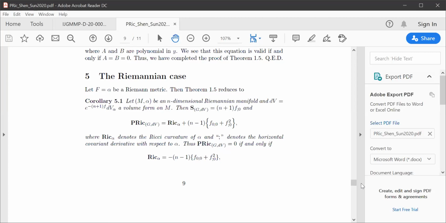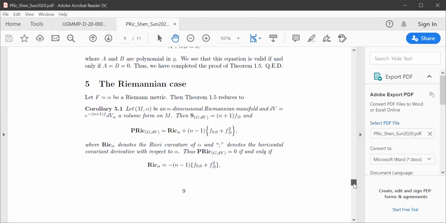That's not a big deal. But this is slightly more general than Ricci-flat of a Riemannian metric. Let's repeat again: a Riemannian metric is projective Ricci-flat means the Ricci curvature of alpha is given by this formula.